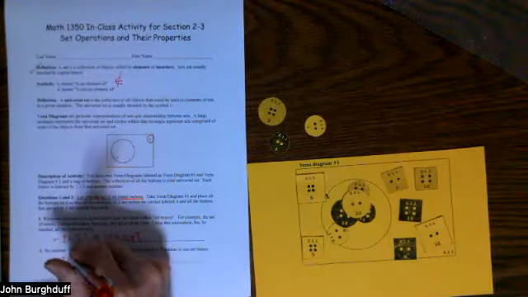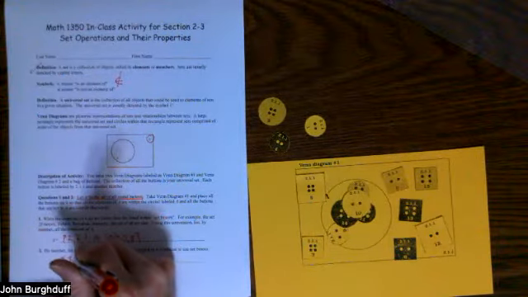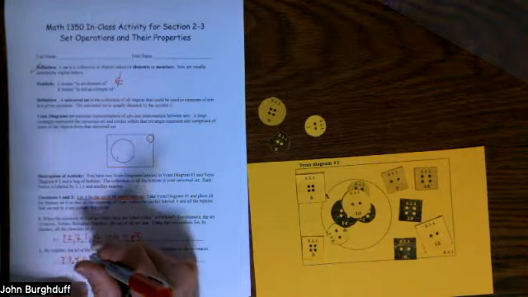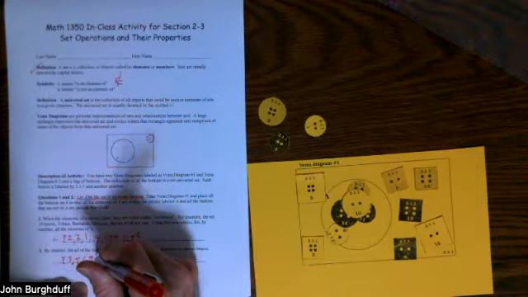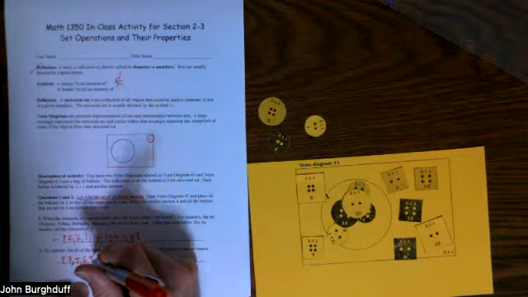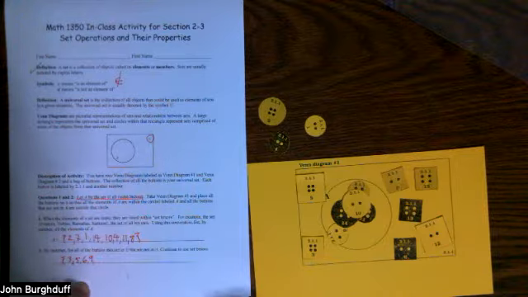So again, that's 3, 5, 6, 9, 11. Am I right? 9, where did 11 go? No, there's no 11. 3, 5, 6, 9, 12, and 13.